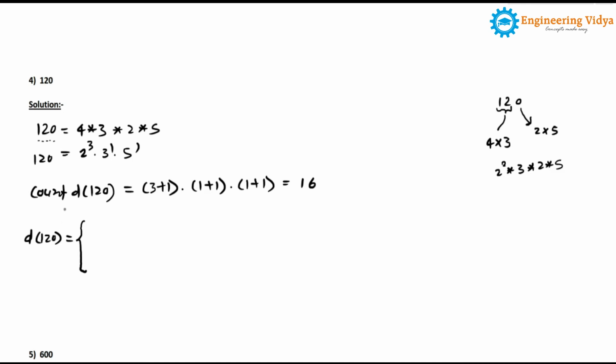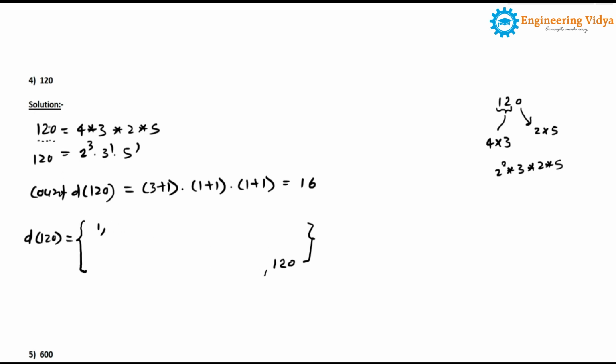First of all, here I'll write 1, and 120 will be divided by itself. A total of 16 different numbers will be there. So I'm writing 120 over here in the last of the second row, right? Any number will be divided by 1 and itself.